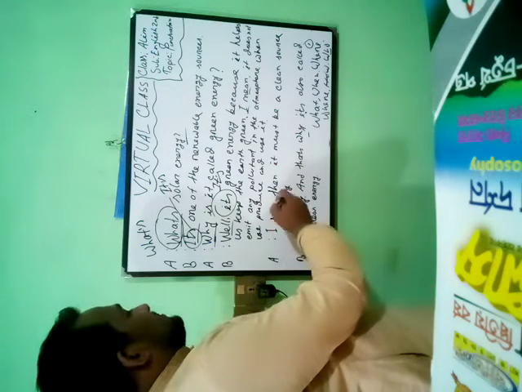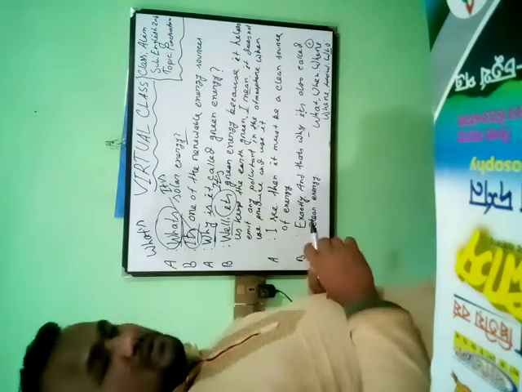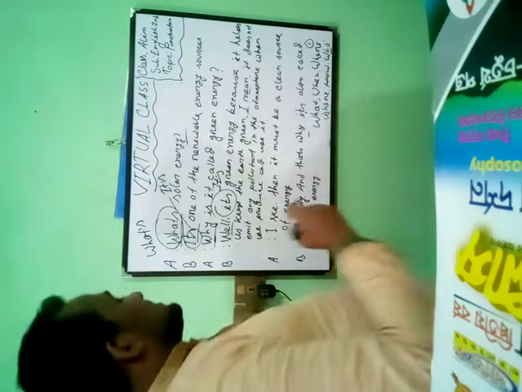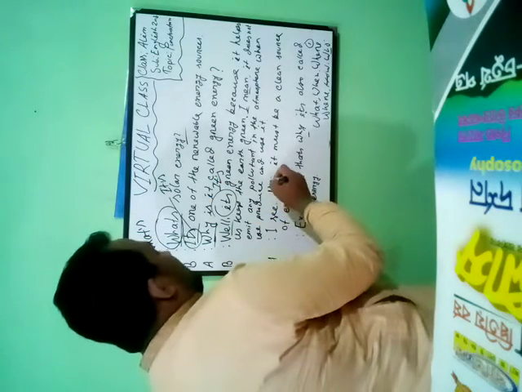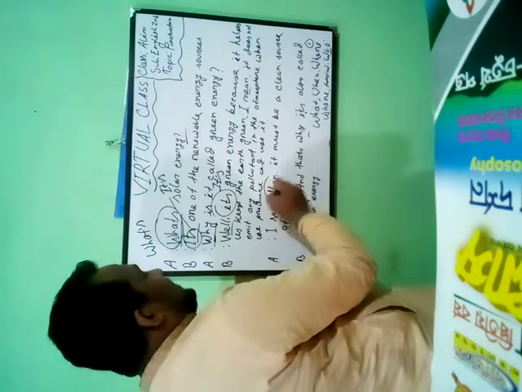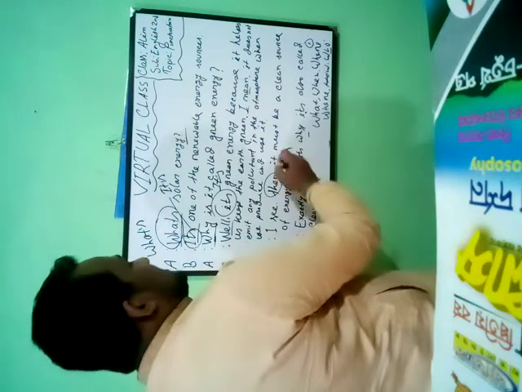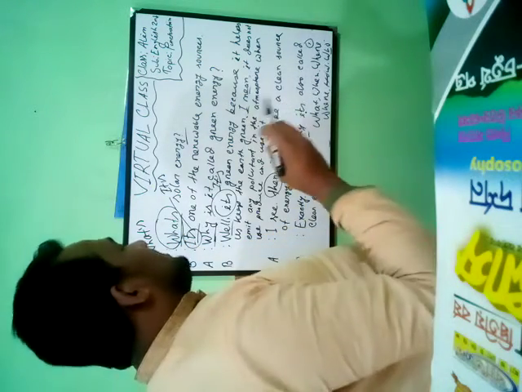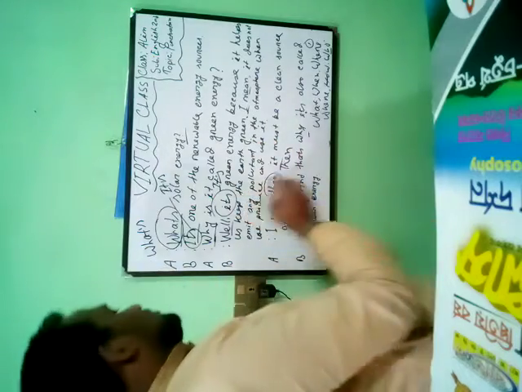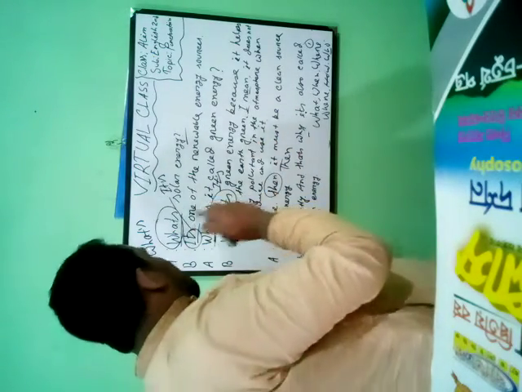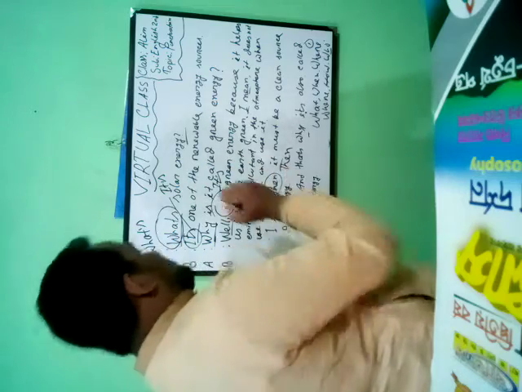So I is the subject, see is a verb, and you have to put a full stop because the sentence is complete. Then another sentence is going to be started. That's why the T of "Then" will be a capital letter. Then it must be a clean source of energy. So the sentence is completed, that's why I have to put a full stop at the end of the sentence.